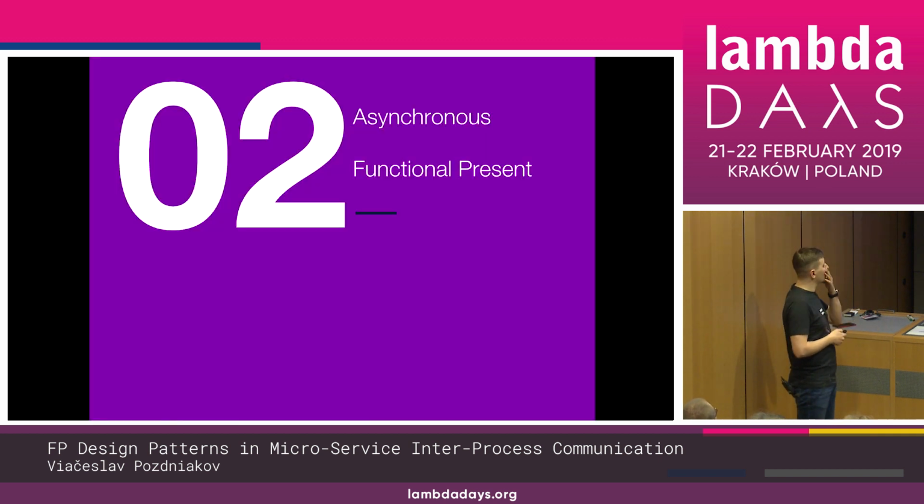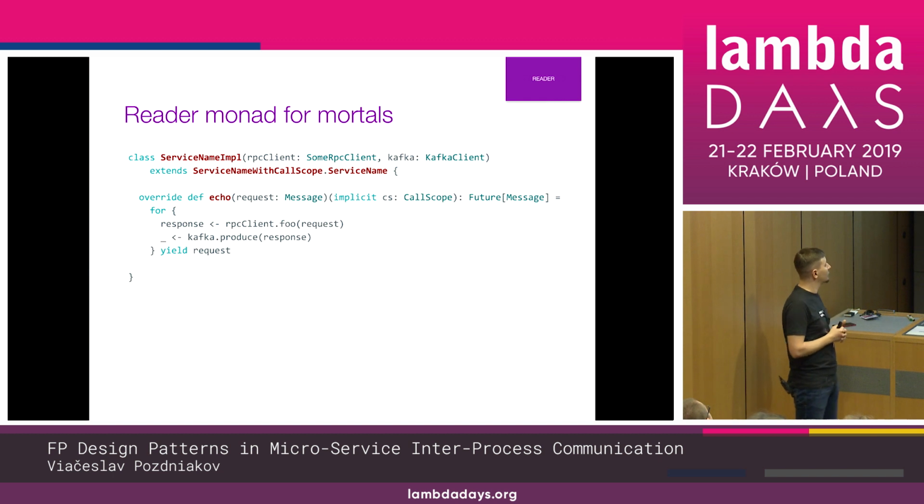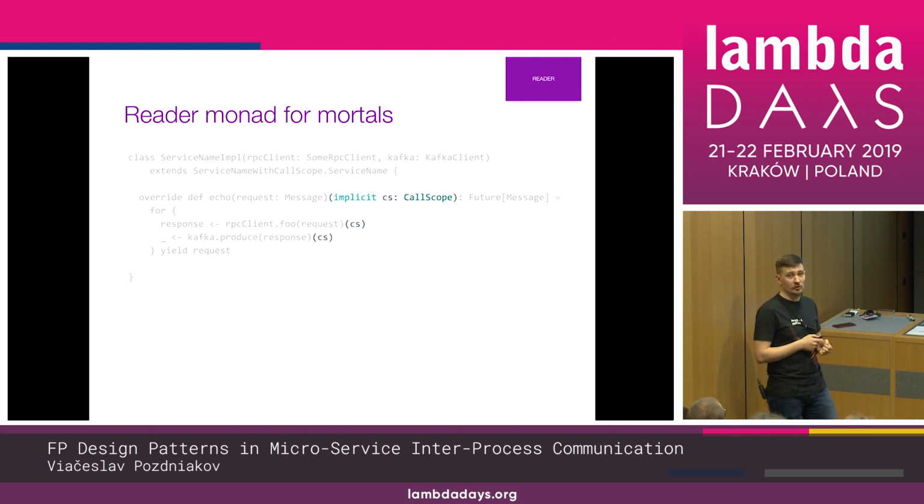So what we did is some kind of reader monad for mortals. We wrote a ScalaPB generator plugin, which generates traits which are a little bit different. The only difference here is that we have this implicit call scope. And the magic is not seen here because this call scope actually is passed to all the infrastructural libraries we have at Wix.